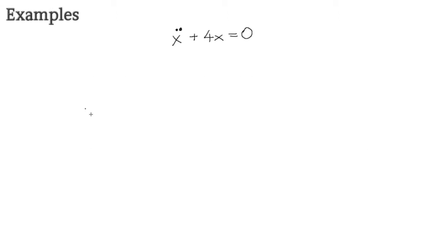Okay, so I'm sure you know how to solve for this equation already. It's simply an imaginary solution to the auxiliary equation, which means that you get a sine and cosine solution.